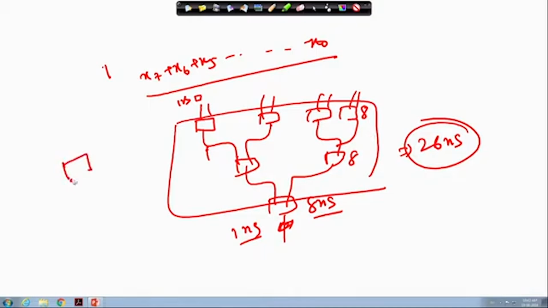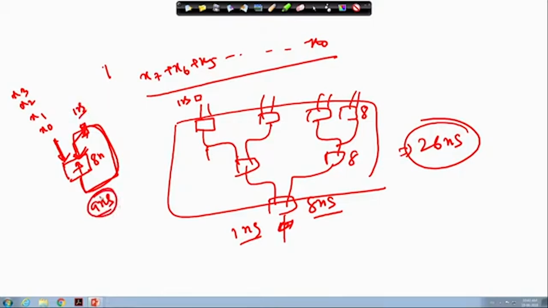But whenever I do the serial implementation, I have to require one register here also. So x0, x1, x2, x3 keep coming. For each stage I require a total of 8 over here and 1 for this register, so 9 nanoseconds is the time requirement for computation of one stage.